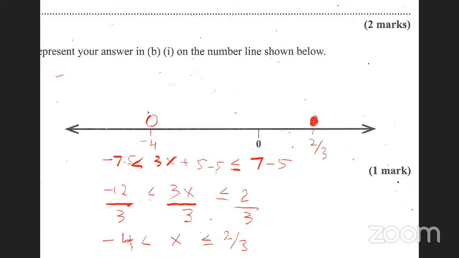What does -4 less than x mean? -4 less than x means that x is more than -4. Remember that? -4 is less than x or x is more than -4. So the arrow is going to the right.